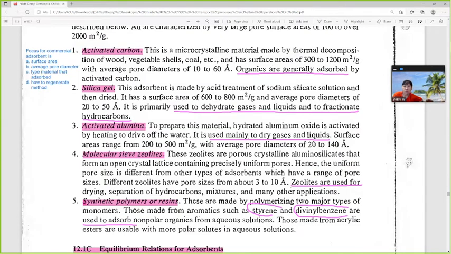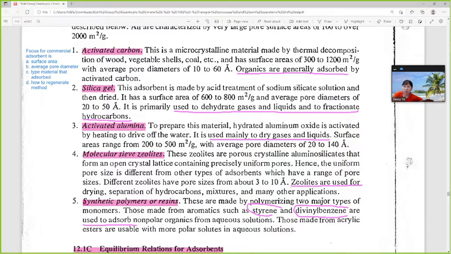Generally, researchers utilize activated carbon because it's very cheap and easy to get, and there are many resources in Indonesia from wood.